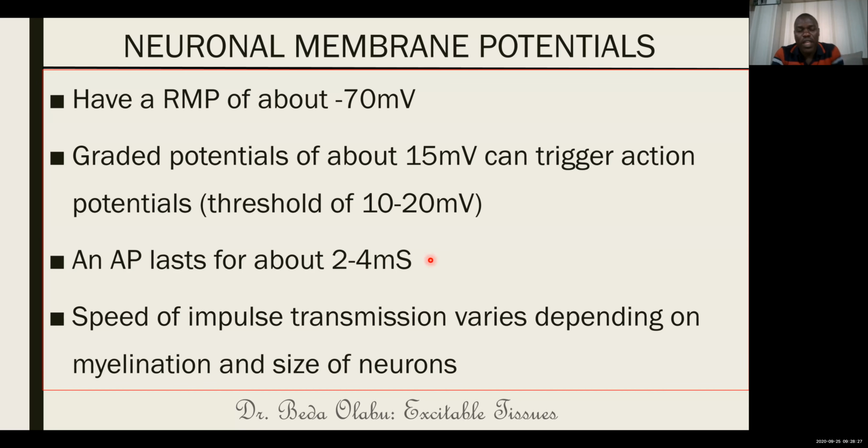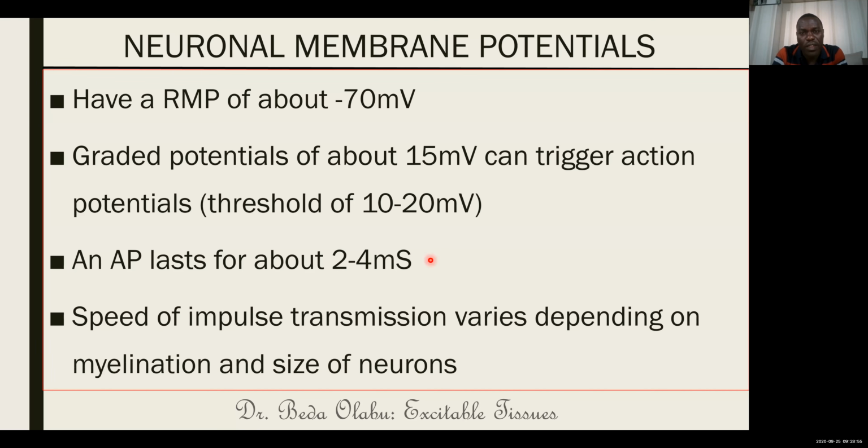The speed at which neurons will transmit impulses will vary depending on whether the neuron is myelinated or not, and the size of that neuron in terms of the axonal diameter. So the larger neurons are the ones which transmit faster.